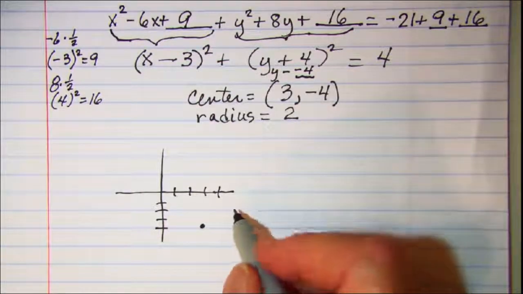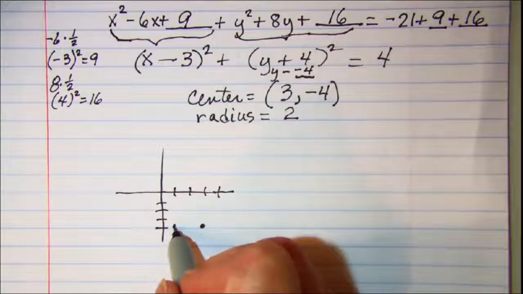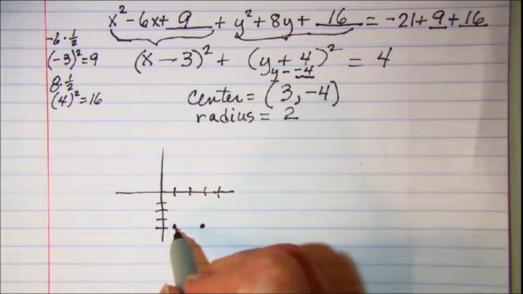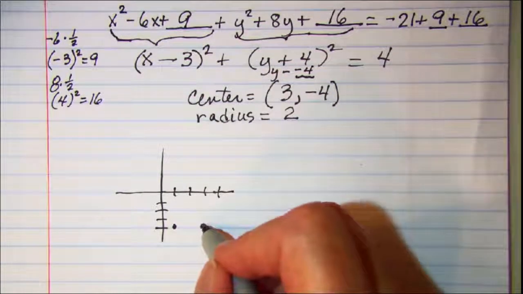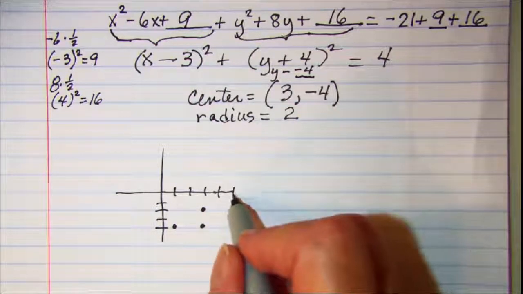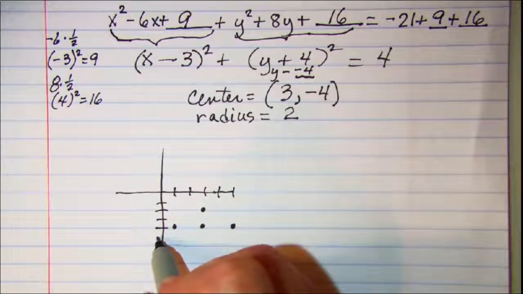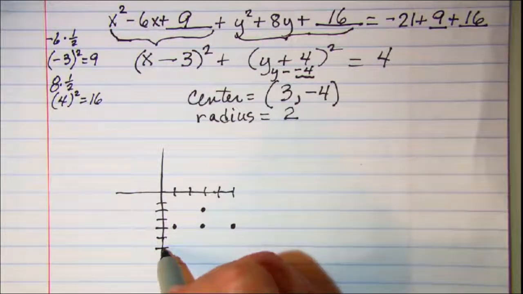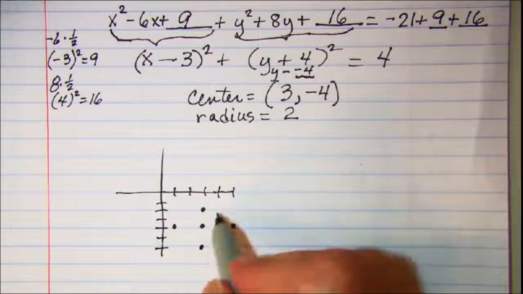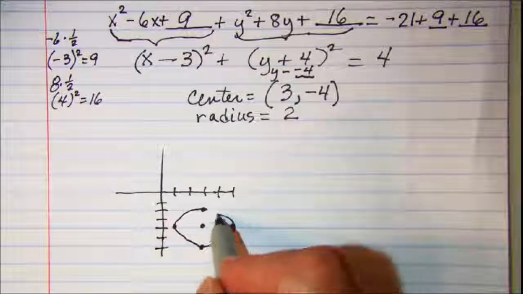And then my radius of 2 means I want to go left 2. That point is going to be on the circle. And then up 2, that point will be on the circle. And right 2, that point will be on the circle. And then down 2, this point will be on the circle. And so my circle hits all of these points.